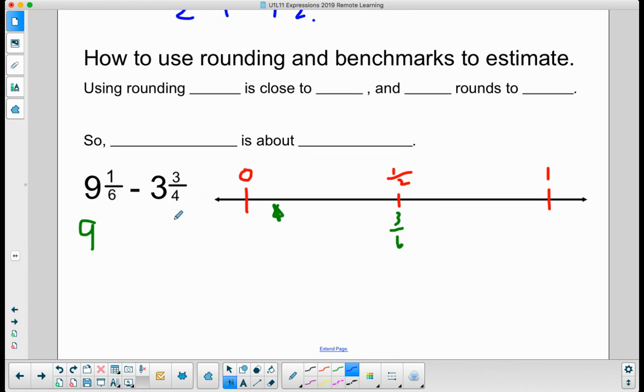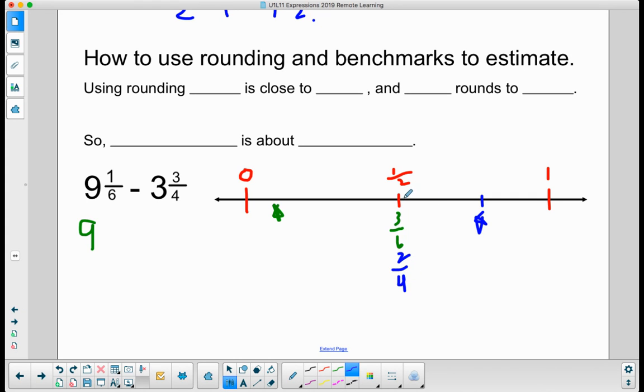Now, 3 3/4. 3/4 is right there. Half of fourths is 2/4.